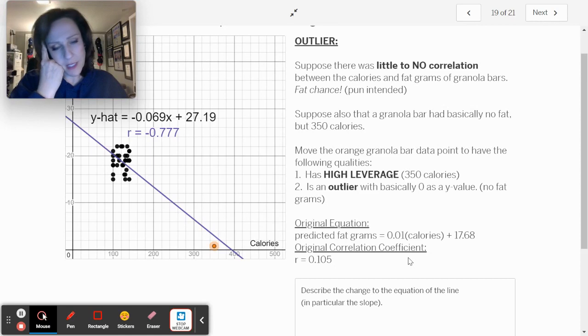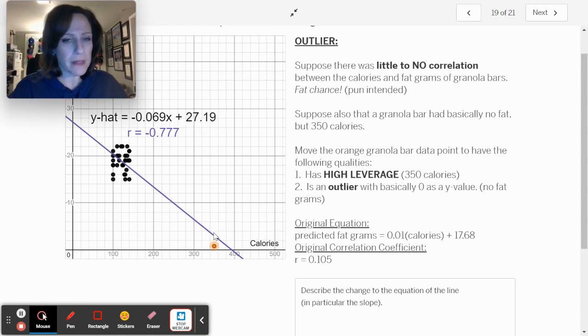So let's think residual. Remember that a residual is how far away the actual y is from the predicted y from that LSR. Look at this little residual here. I mean, it's not got much. It was so impactful of a point, it pulled that equation to it.